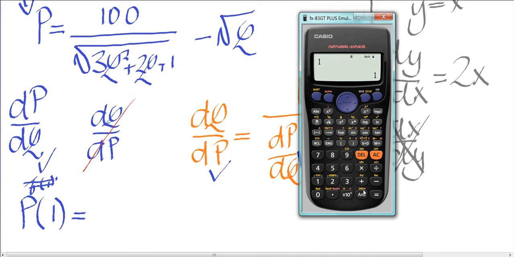Now type the expression in, but pretend that answer button is the Q button, even though it sounds odd. Just pretend that button has a big letter Q on it. So we have a big fraction, 100 divided by the square root, and just type what you see: 3Q squared plus 2Q plus 1, get out of that fraction, and minus root Q. That subs Q equal to 1 into that big expression, and I get an odd expression, so let's change it to decimal.